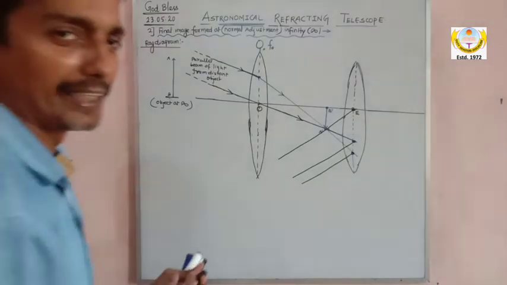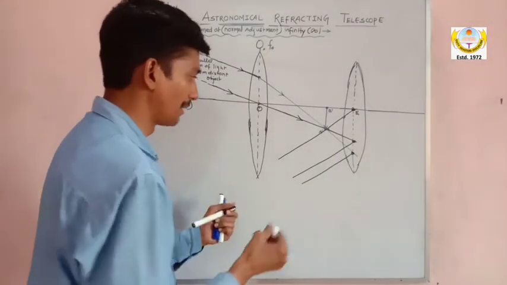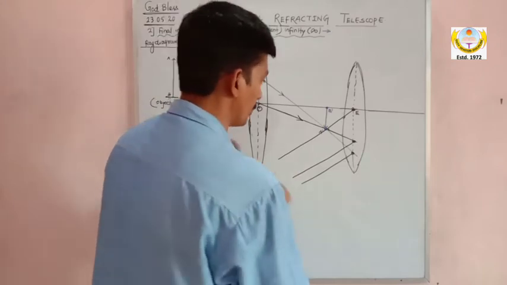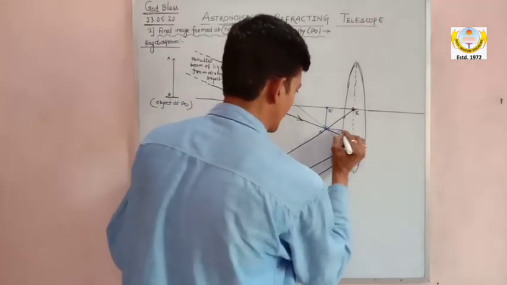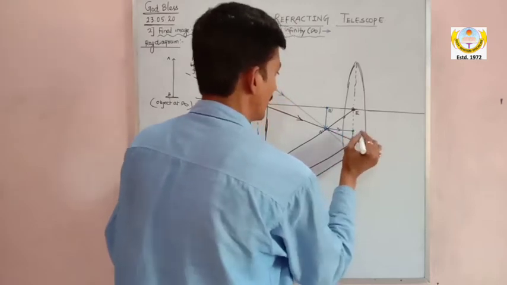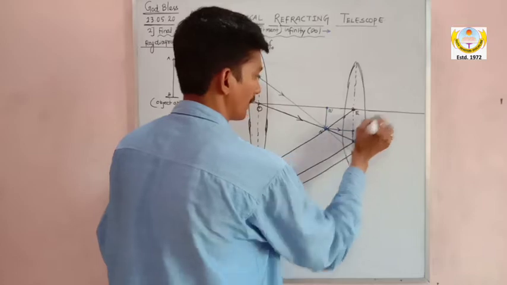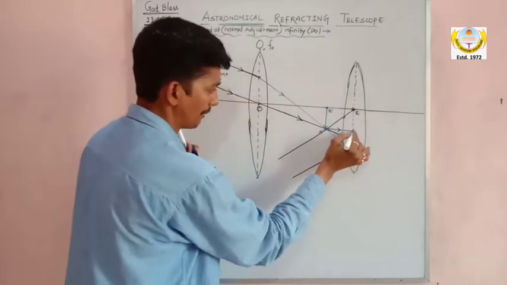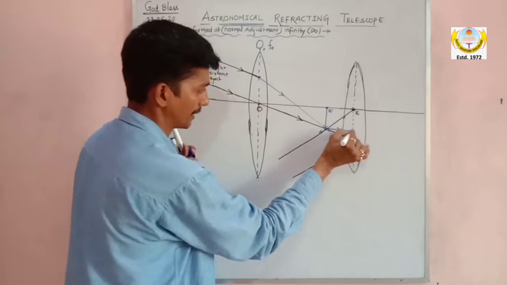And the infinity diagram is very easy, my dear. If I draw it like this, no doubt one ray will go parallel to the principal axis like this, and it will pass through the principal focus of the eyepiece on this side.